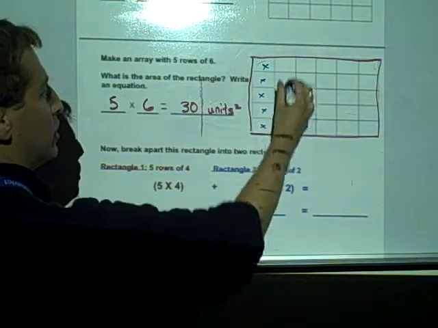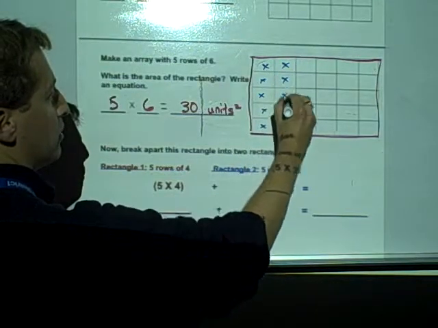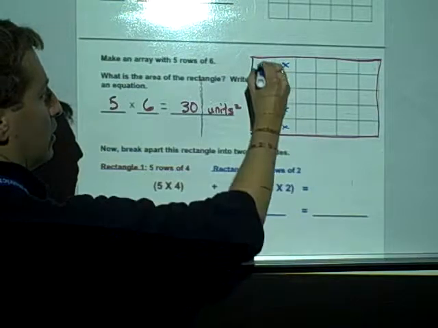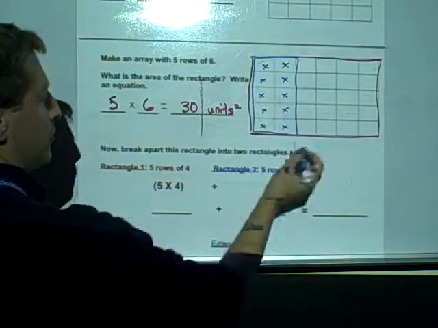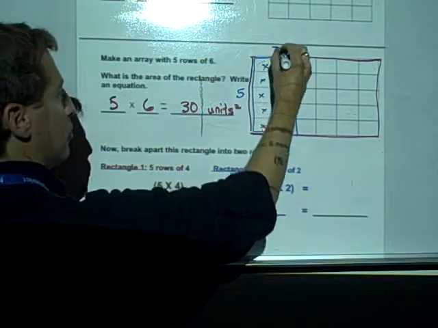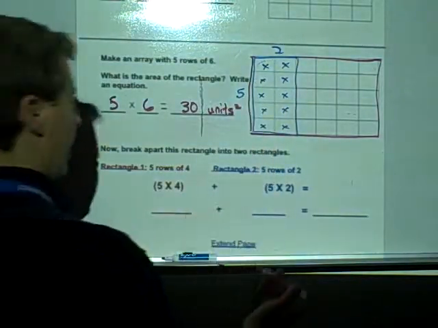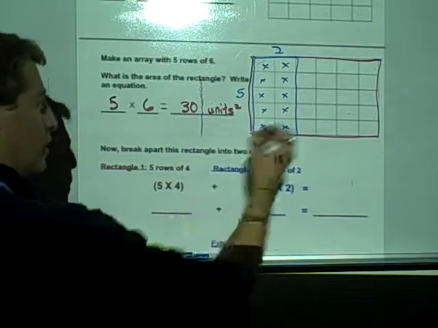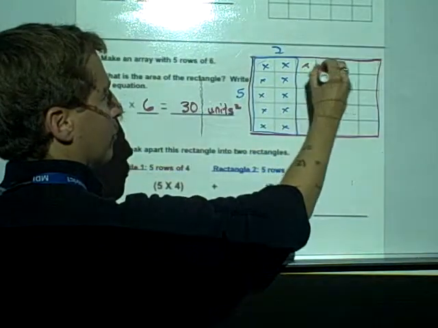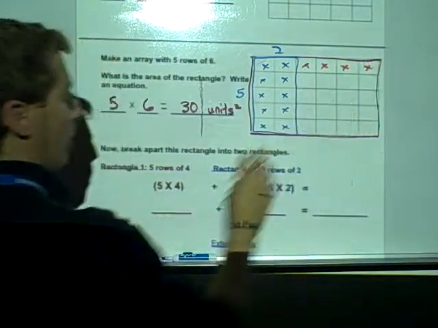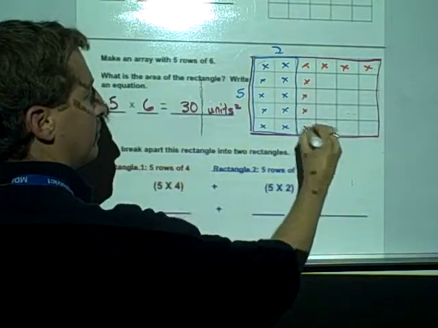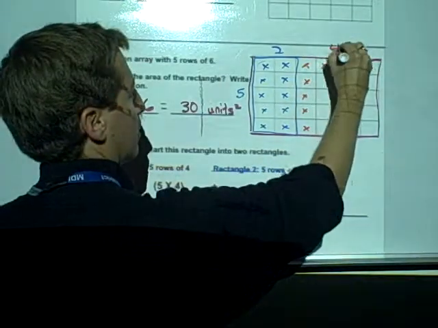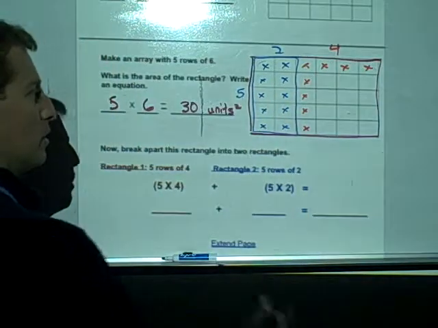But we need 2 in each row for my blue one. Five rows of 2. And the red one's going to have 5 rows of 4 in each row. So it's a 5 by 4.